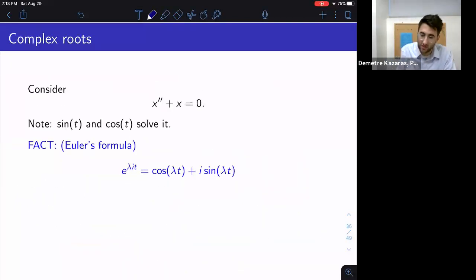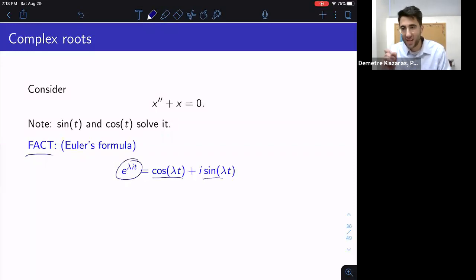So that leads us to the actual relationship. There's an algebraic relationship between the complex exponential and sines and cosines, and it's this one, Euler's formula. So if you encounter something that looks like e to the i lambda t, you can write it in terms of sines and cosines.